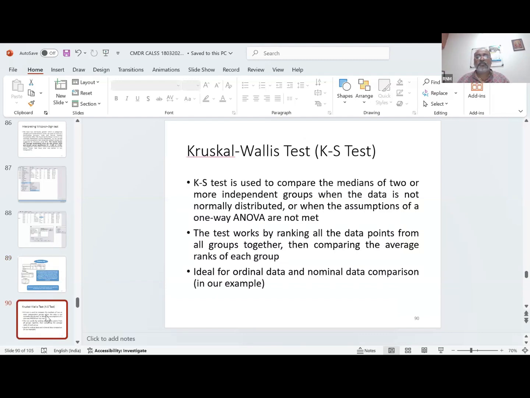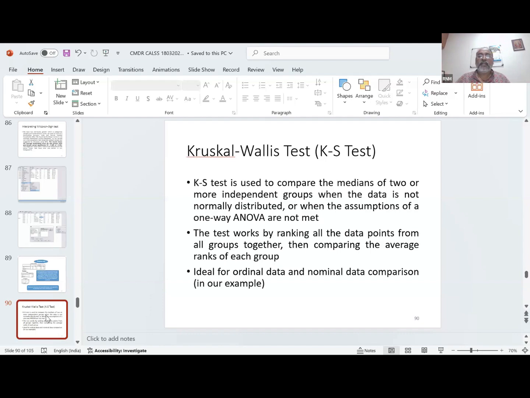So now come to the Kruskal-Wallis test. I told you, one test uses both median and mean, another uses the quartiles. Now the third one uses medians of two or more independent groups when the data is not normally distributed. This is also a kind of one-way ANOVA alternative for a non-parametric test.